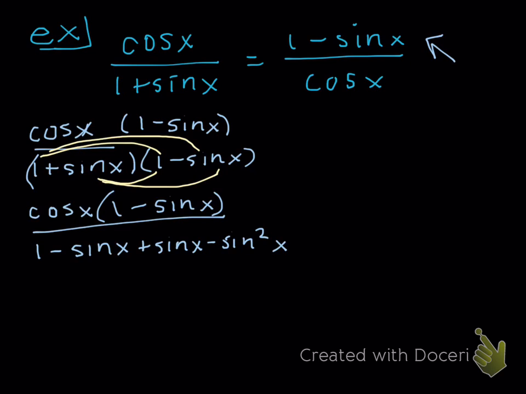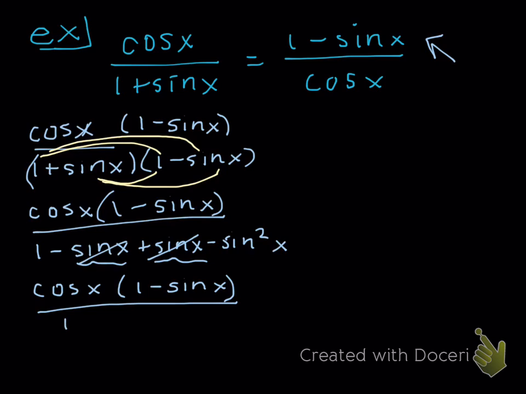And now I need to see if I can combine any terms. In the denominator, notice I have a negative sine and then a positive sine. So they're actually going to cancel out. So I have cosine of x times this 1 minus sine of x, and in the denominator, I have 1 minus sine squared of x.